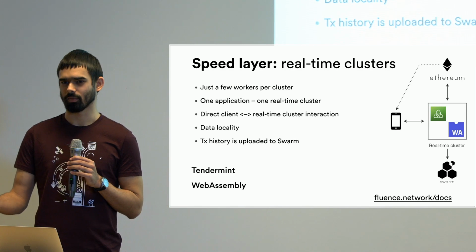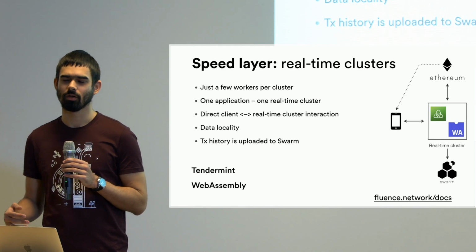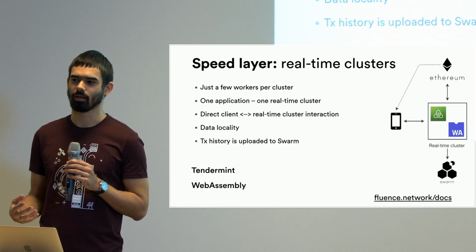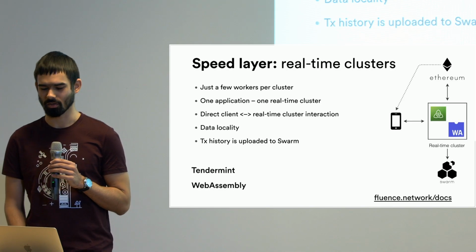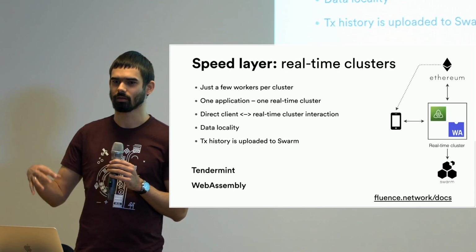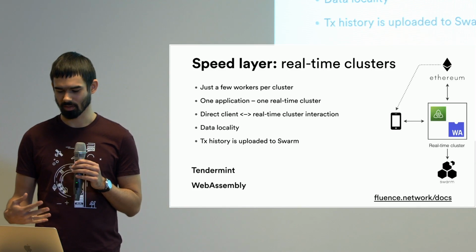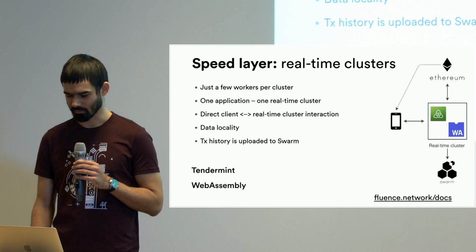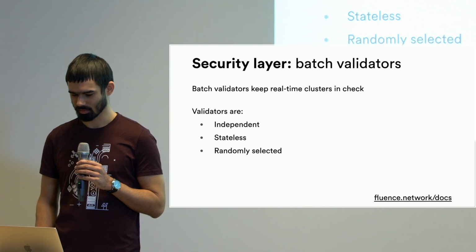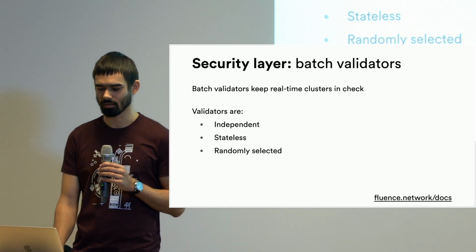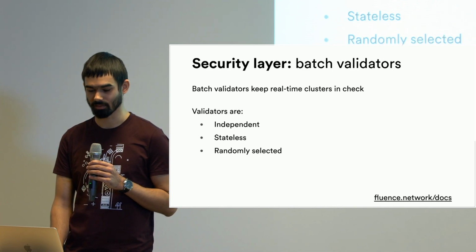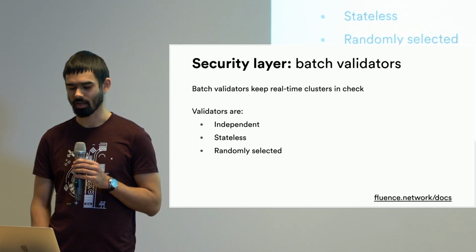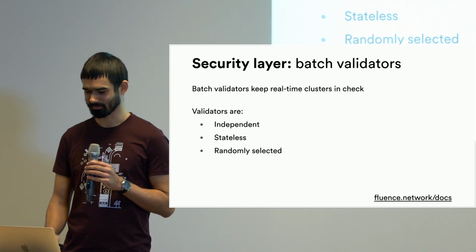It's important because we have to enable access to the data of the cluster from outside the cluster to perform validation. And validation is done in the security layer. The security layer consists of batch validators. Batch validators keep real-time clusters in check.